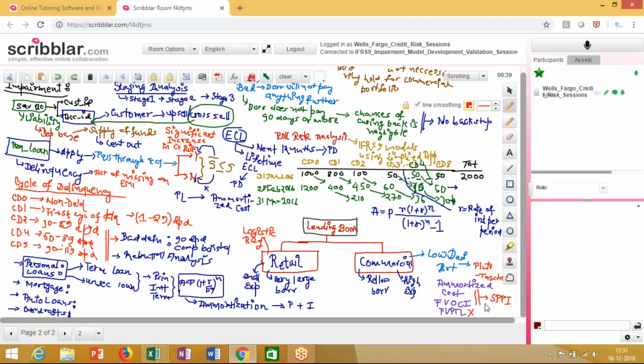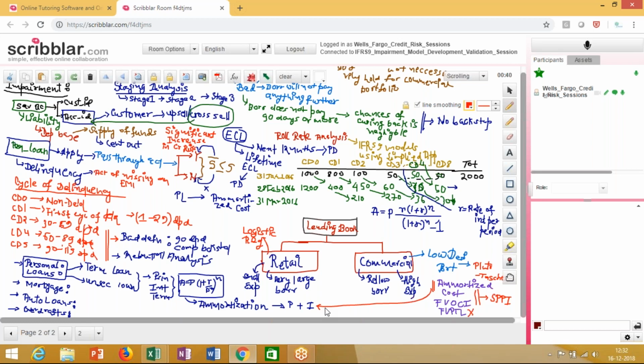And the asset that we started talking about in the last class, personal loans, is a typical example of an asset which is valued at amortized cost.